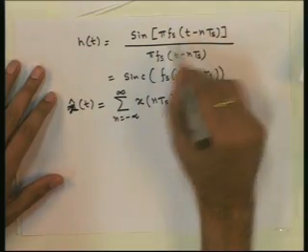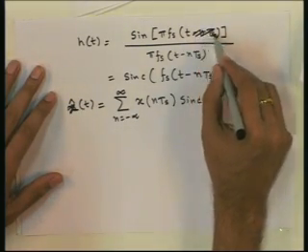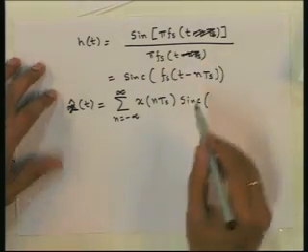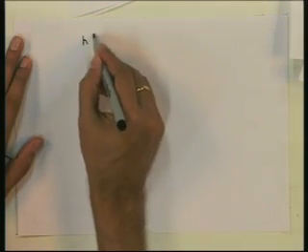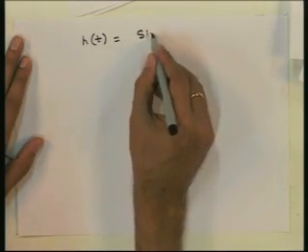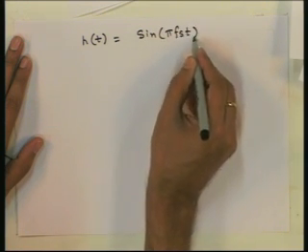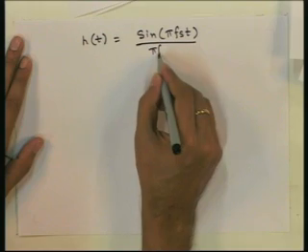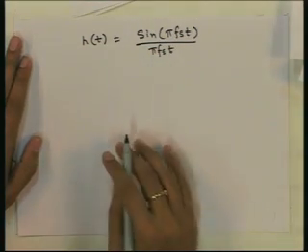Sorry, this is after shifting. If we do not shift it, we get simply t. Let us write it fresh. If we take the following h t, sin pi Fs t by pi Fs t, then we will get the original signal back.